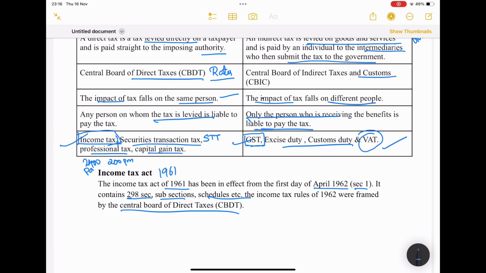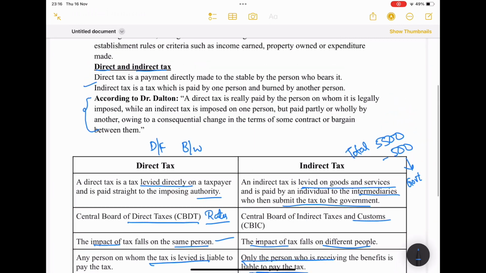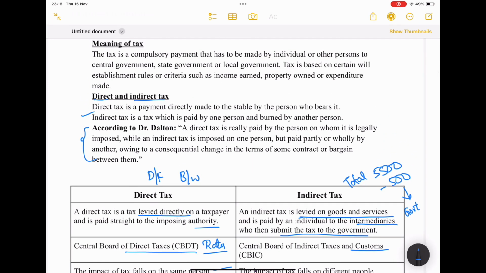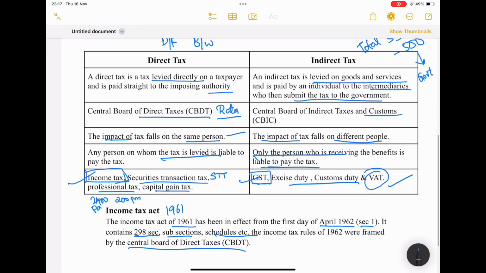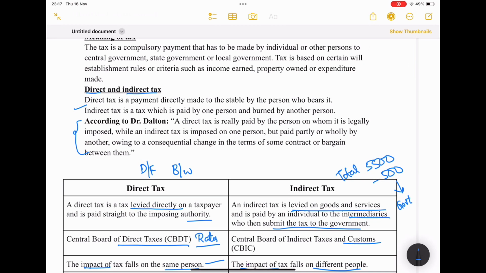Got it? So these are the basic things of income tax. We have learned the meaning of tax, what is meant by direct taxes, and the difference between direct tax and indirect taxes. I think there are no doubts about it, right?